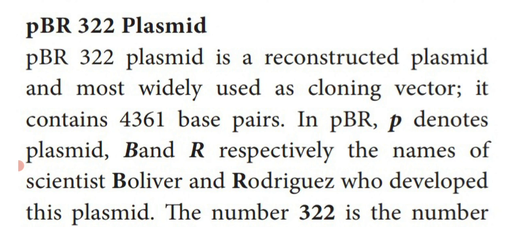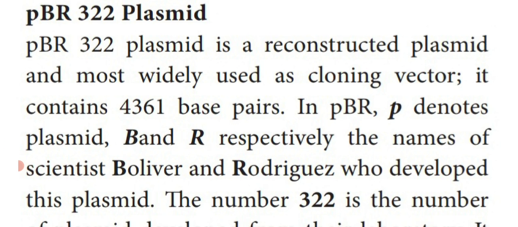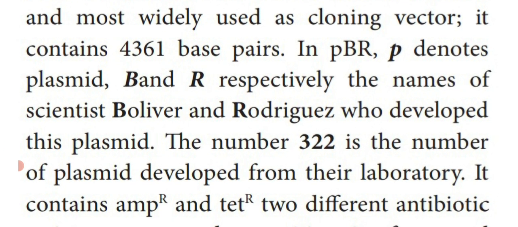And also the number 322 is the number of plasmids which were developed in the laboratory. How many plasmid vectors were produced? 322 cloning vectors were produced in the laboratory. So that's why the name is said to be pBR322.